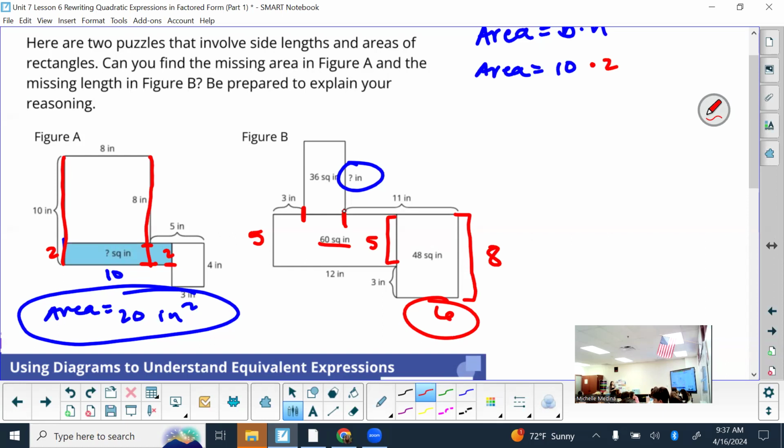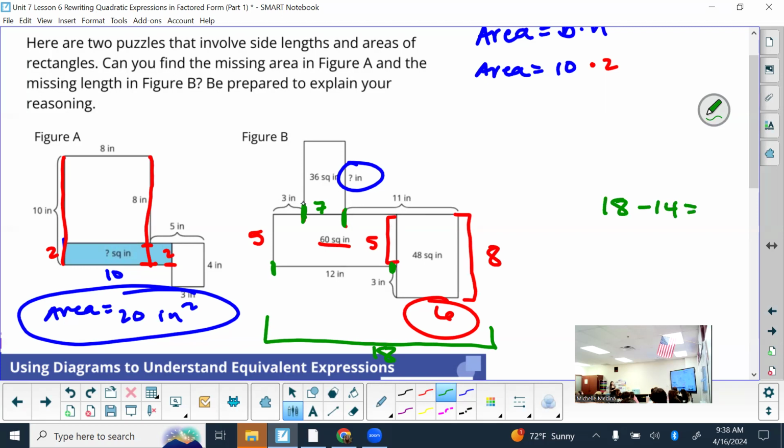If you're not seeing it clearly, what does it have to be? Okay, let's see. I know from here to here is 12, plus 6, so from here to here is 18. 3 plus 11 is 14.